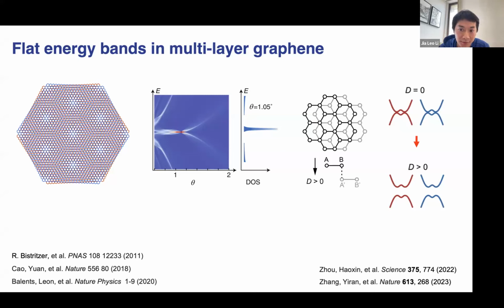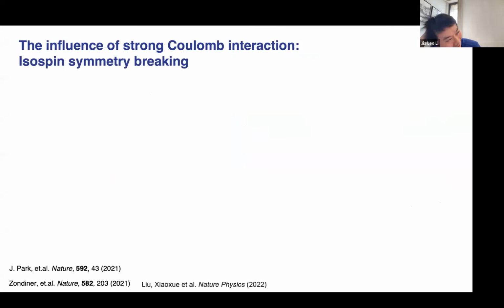As you apply a large enough D, the edge of the band becomes flat enough that Coulomb interactions start to dominate. So the interest of this talk is to look at the influence of strong Coulomb correlation in this scenario.